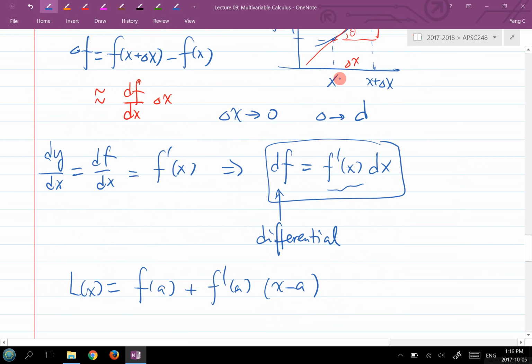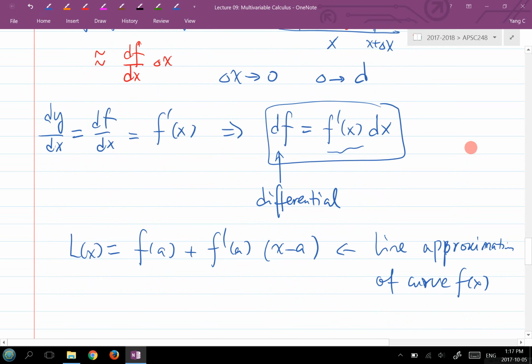So you use a line to approximate the curve f of x at x equal to a location. That's the single variable function we learned before. You have all of these very simple things, but I'm just trying to extract the concept out a little bit more specifically.